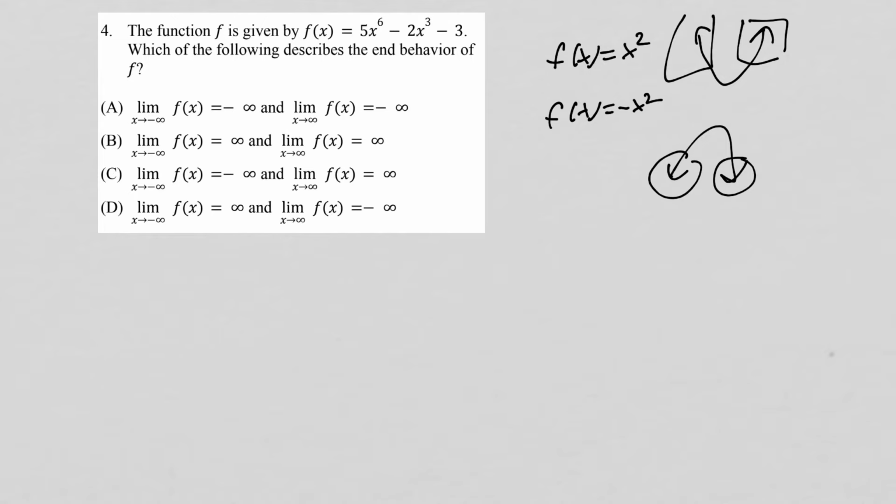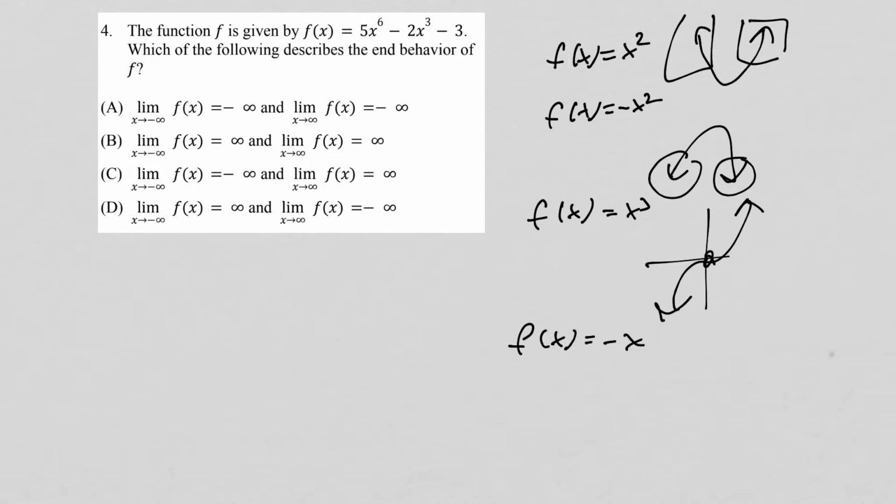The middle doesn't matter for this. On the other hand, if I had x cubed, it looks more like that. It's going down to the left and up to the right. And f of x equals negative x to the third would be like that. Well, this describes the 4 different end behaviors.